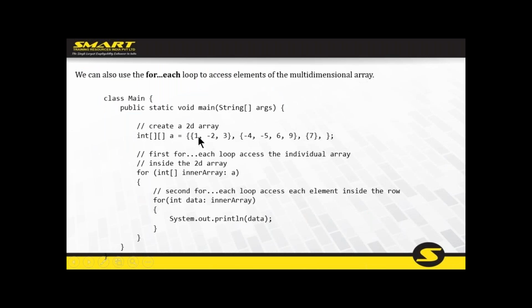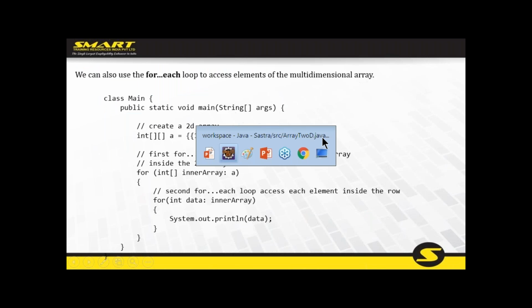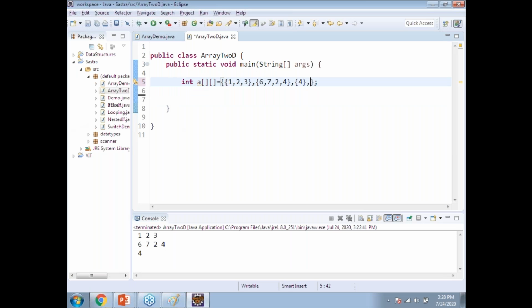Same thing, right? How many elements are there? 1, 2, 3, 1, 2, 3, 4, 1. So if I am giving a comma here, it's not showing any error. We'll see. So for int x, I'm giving a name here, x, then the array name.